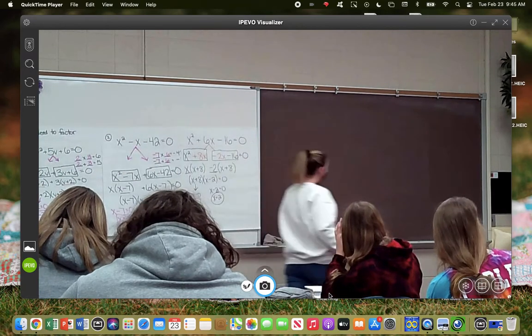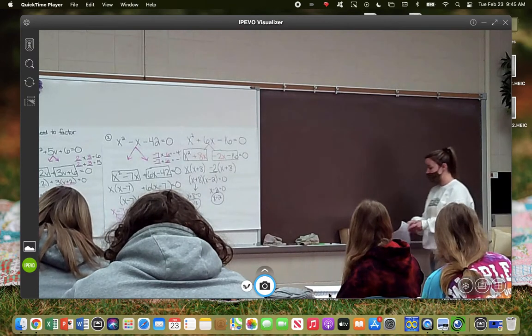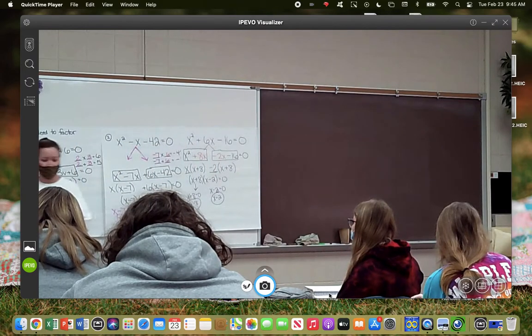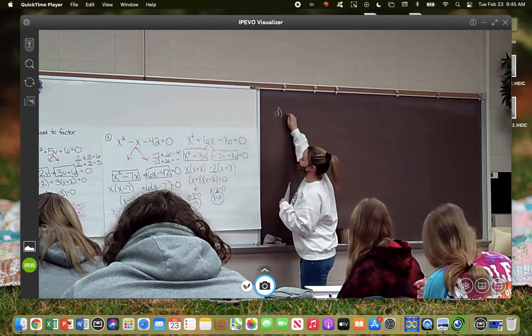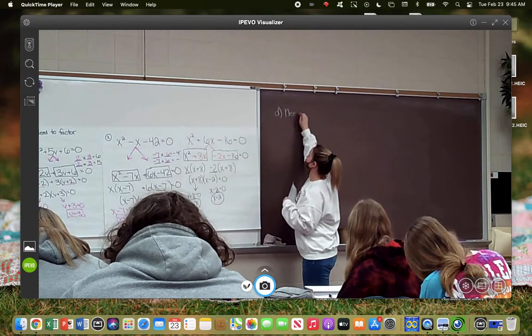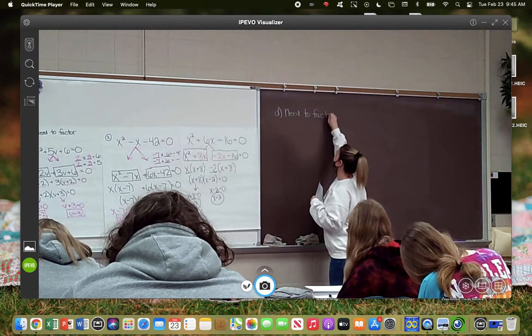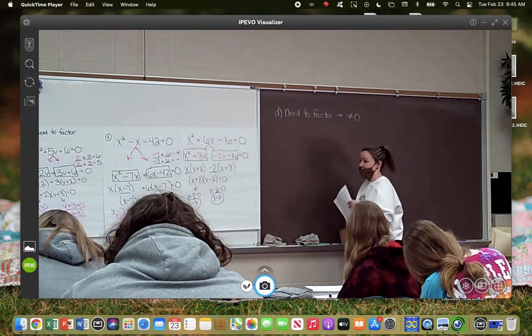All right, so for our last set, you're going to see something just a little bit different on the equations. So these you'll still need to factor. But these are not going to be equal to 0 to start with.